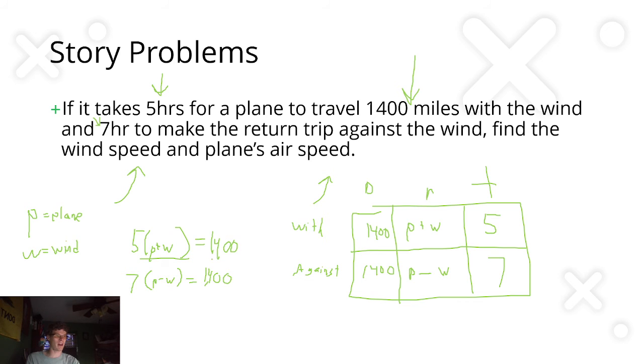If I divide both sides by 5 here, I get P plus W equals 280. Similarly, if I divide both sides by 7 on the bottom equation, I get P minus W equals 200. Okay? So, once you solve by elimination, you can determine that the plane speed is 240 miles an hour, and the wind speed is 40 miles an hour.